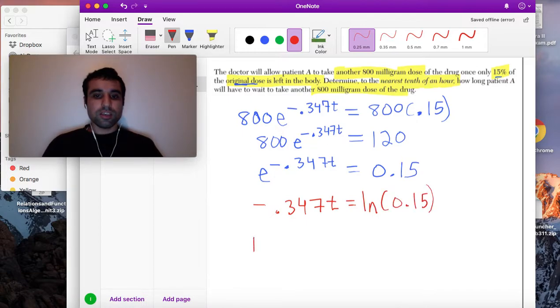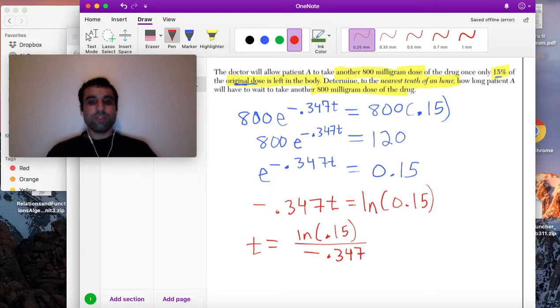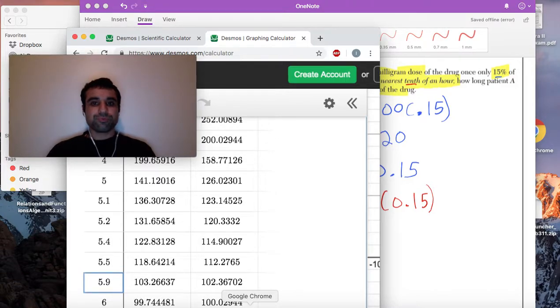Then t is equal to the natural log of 0.15 divided by negative 0.347. Now all we have to do is find out what this value is, round it to the nearest tenth, and we'll be good to go.